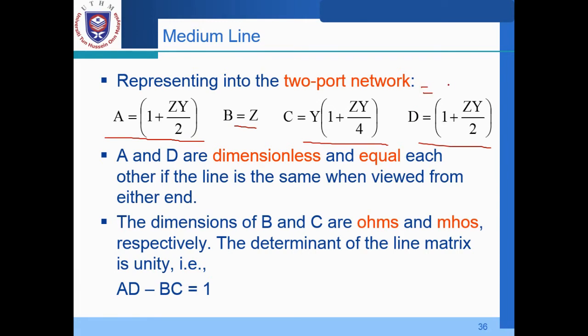Okay, this is equal to A, we have 1 plus ZY over 2. So A and D are dimensionless, with no unit, because they cancel out each other by multiplying Z and Y. Similarly for D, they cancel out each other after we multiply Z and Y, because this is ohm multiplied by mho.